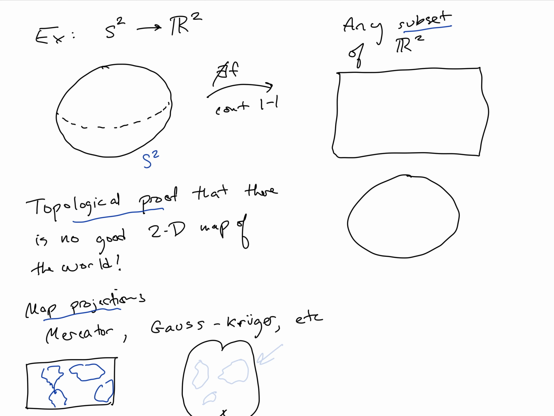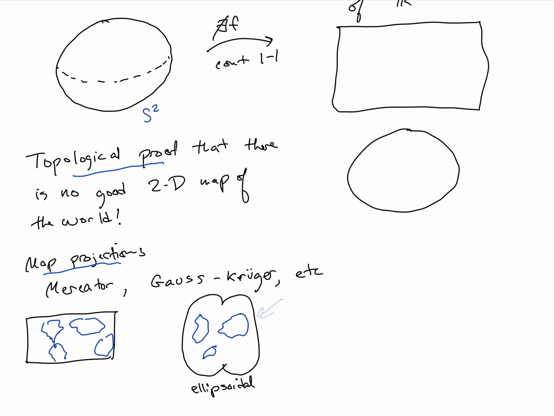Some of them, the one we're used to, the Mercator, makes things in the northern hemisphere look larger than they are in proportion to things in the southern hemisphere, and so on. So there are all these different map projections that are done in different ways and have different properties.